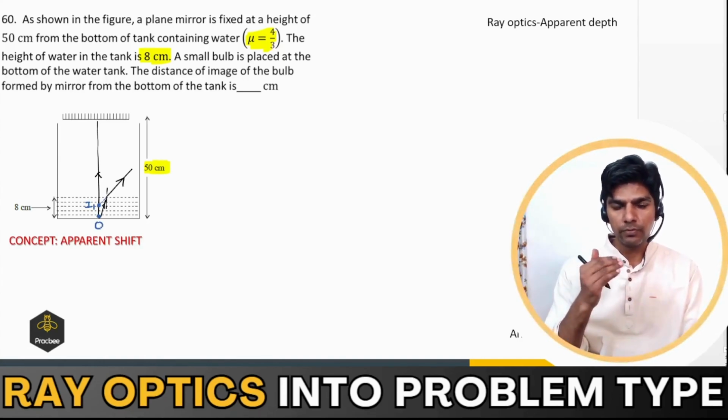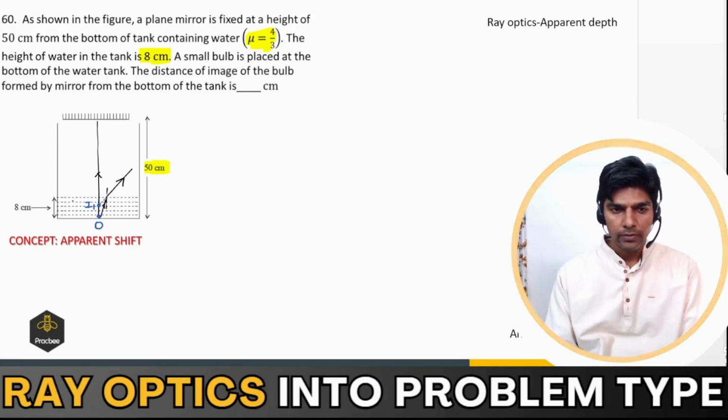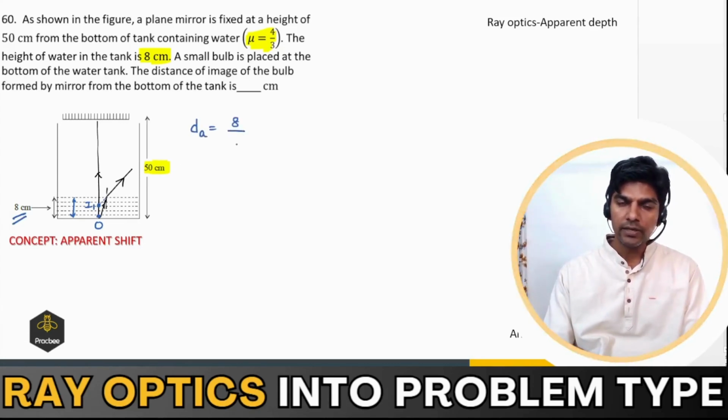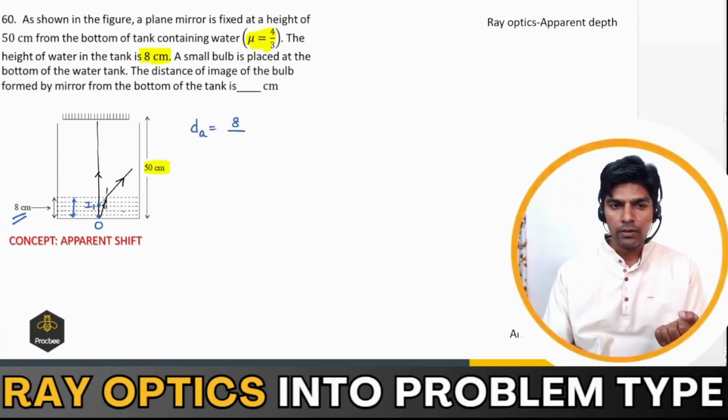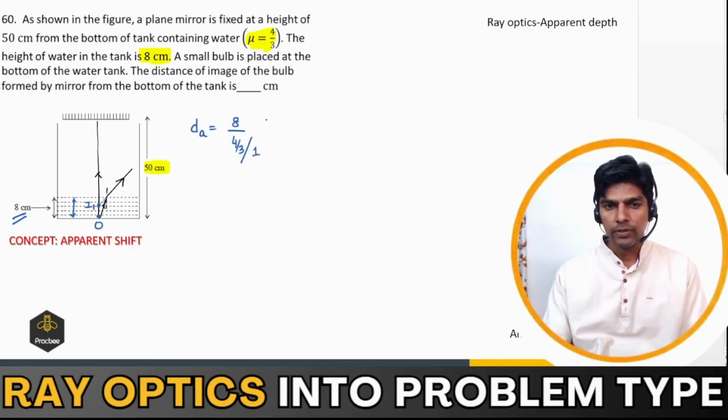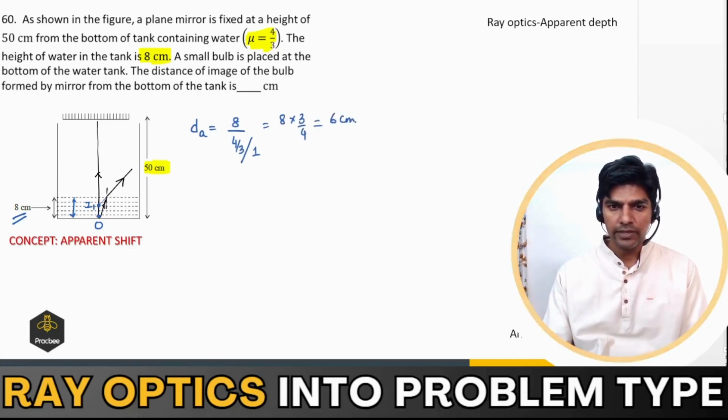So light is going from a denser medium to a rarer medium. So if this is the original depth, 8 is the original depth. So the apparent depth will be the original depth divided by the refractive index of the object, which in this case is 4 by 3, divided by the refractive index of the observer. The observer is outside, so it will be 1. So this can be written as 8 times 3 by 4, or you can say it will be 6 centimeter.